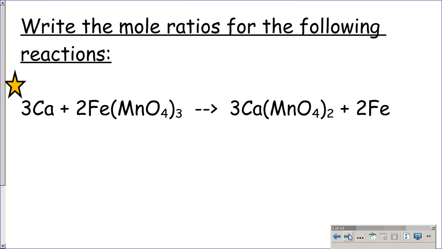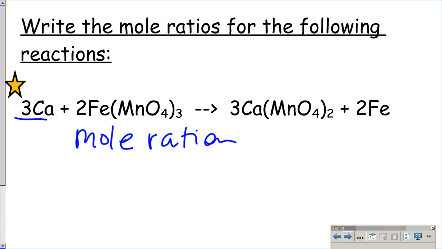Okay, so from this equation, 3 calciums plus 2 iron-free permanganates yields 2 calcium permanganates and 2 irons. What is the mole ratio between calcium and iron? 3 to 2, right?